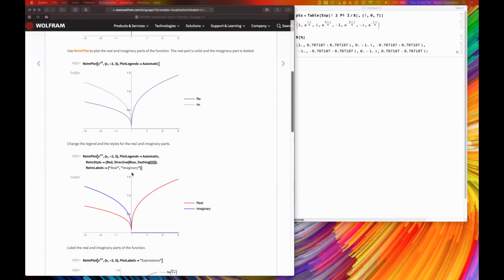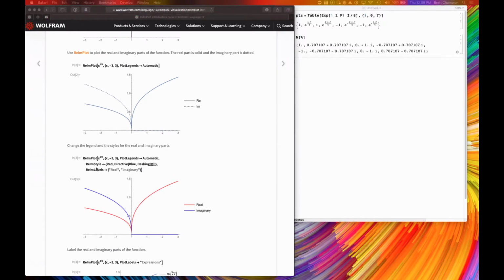And we have a couple of options specifically for ReImPlot: the ability to style the real and imaginary components, and the ability to control what terminology is used for labeling the real and imaginary parts. So ReImStyle and ReImLabels.